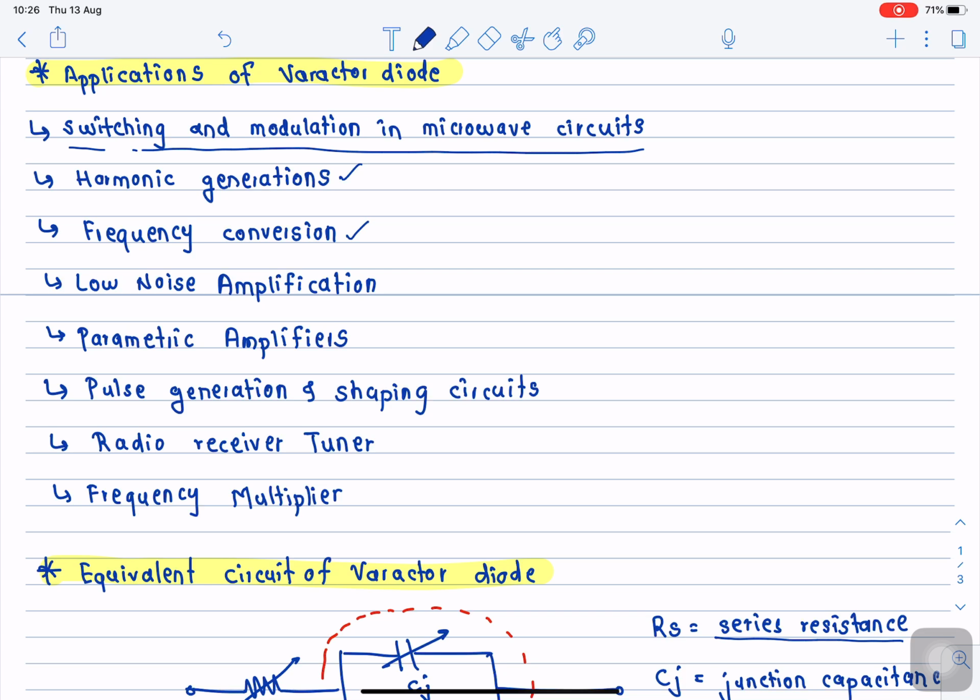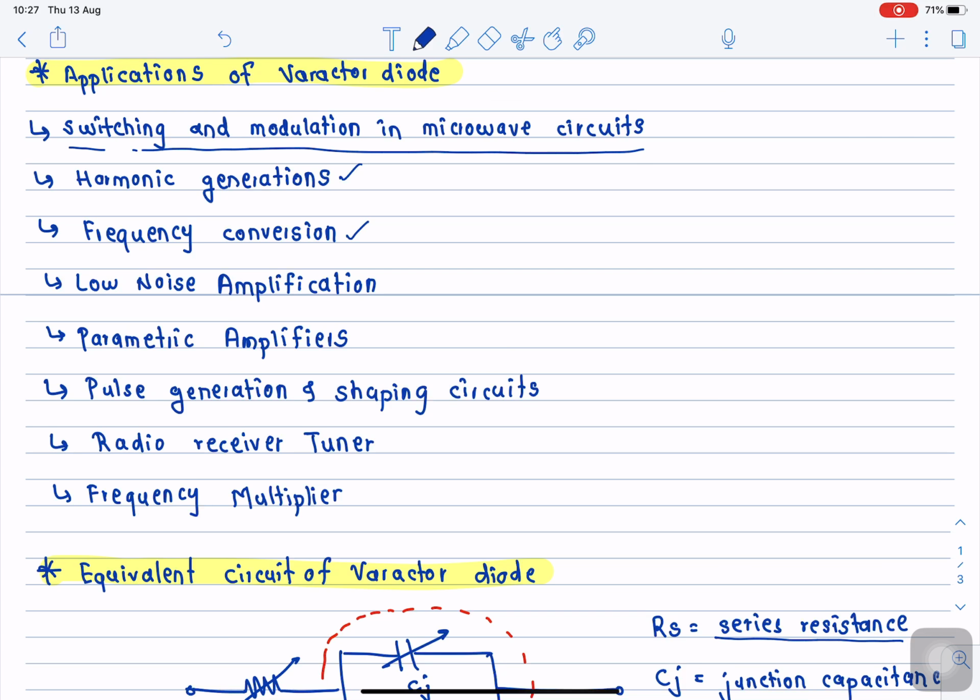In our next lecture we are going to see two distinct categories of special microwave diodes. One category is based on the principle of the transferred electron mechanism, and the other category is principally based on the transit time effect.